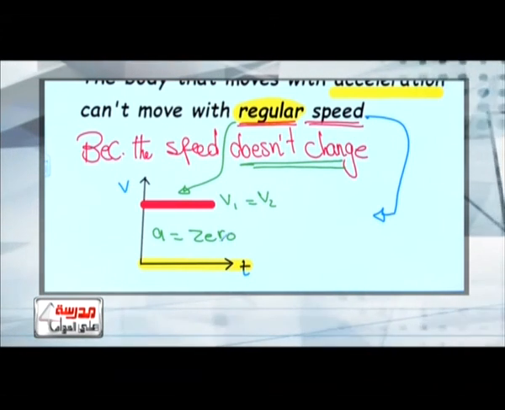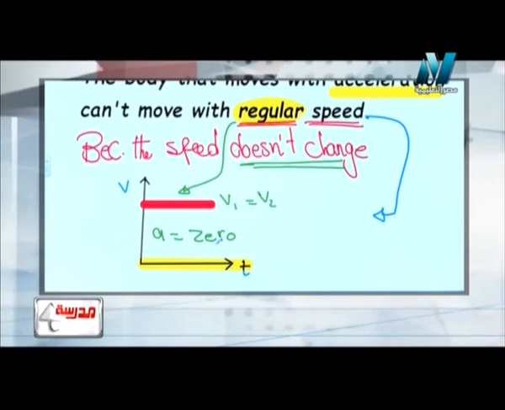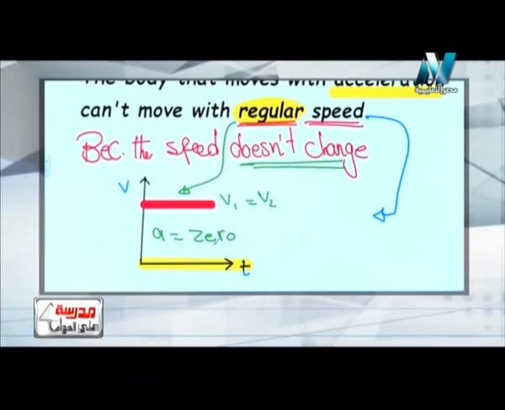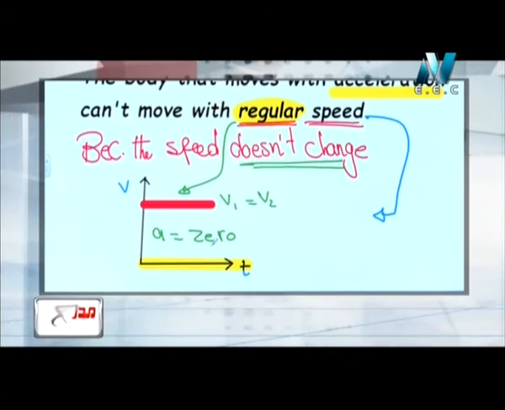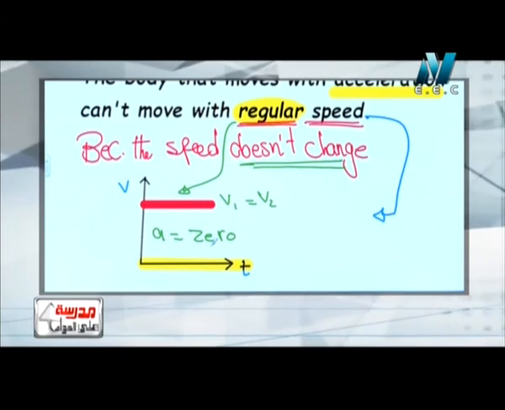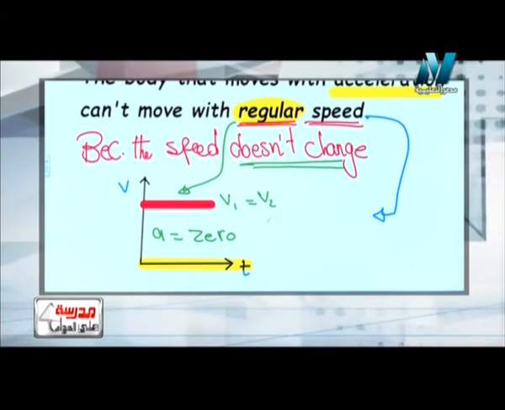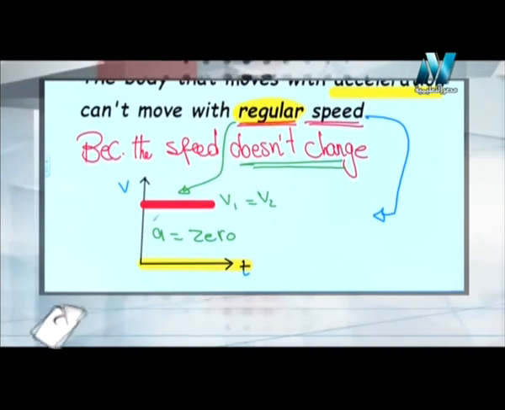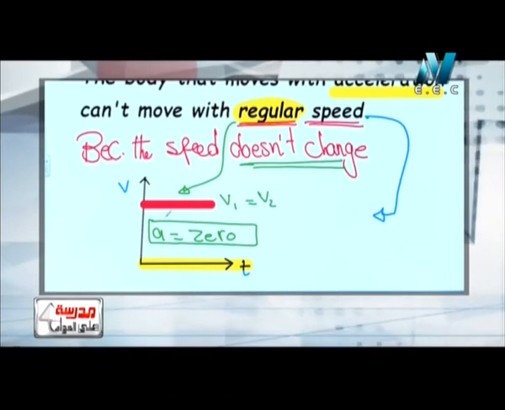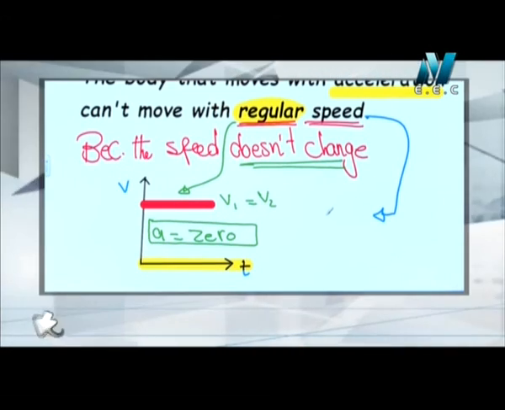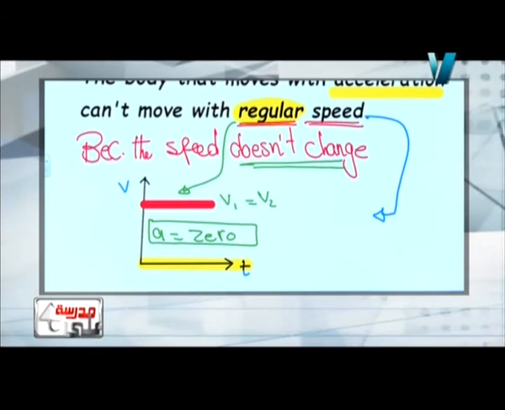If we watch this graph, we should write two facts. The body moves with regular speed and at the same time acceleration equals 0. السرعة ما بتتغيرش. ما هو regular speed. ما هو سرعة منتظمة.